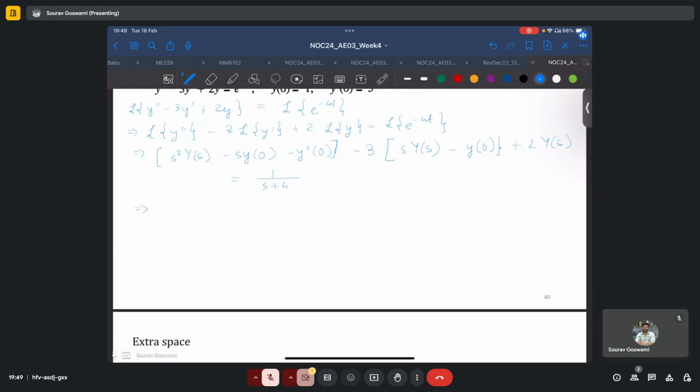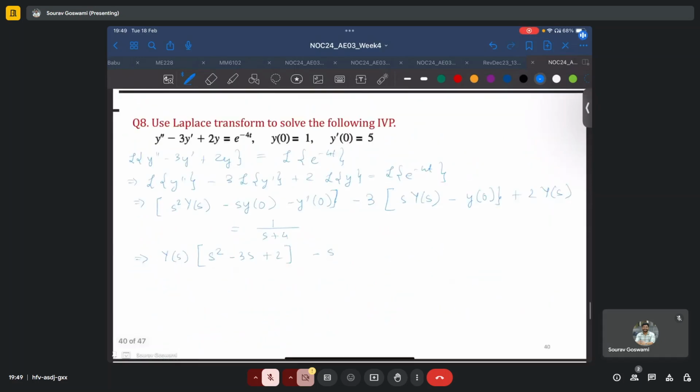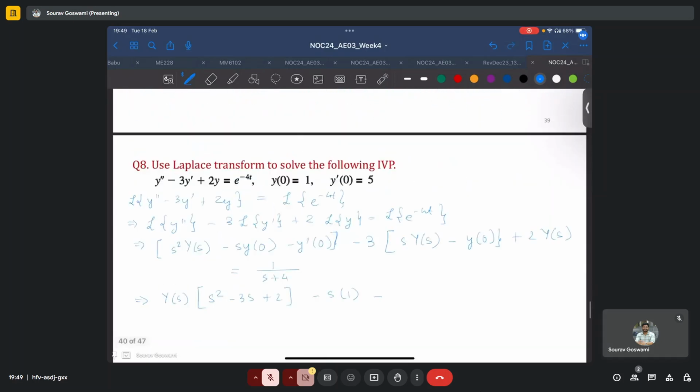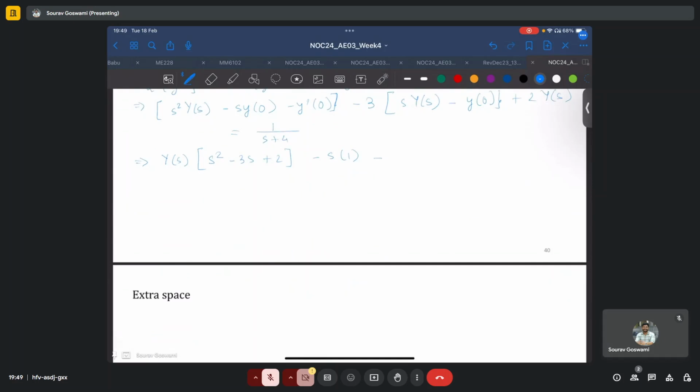And now if you collect terms on the LHS, Y of s times s square minus 3s plus 2. y at 0 is 1, y prime at 0 is 5, plus 3 times 5 is equal to 1 by s plus 4.